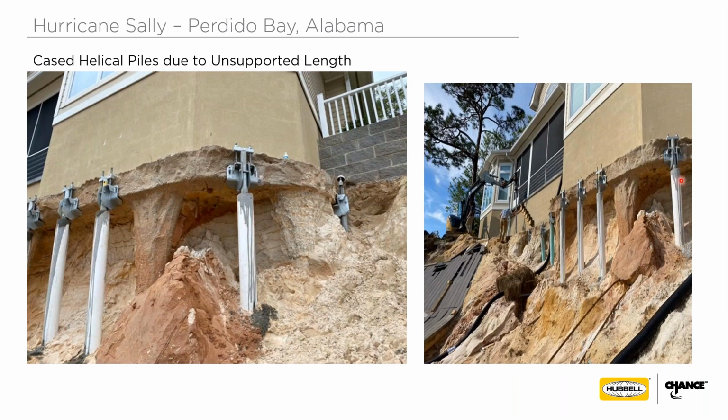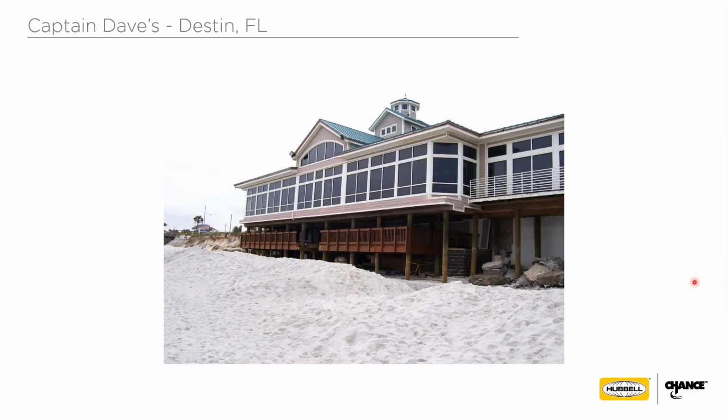And you can see the unsupported lengths underneath these foundation repair brackets, in order to make sure that they had enough pile stiffness for this repair. So we've gone through that pretty quick, but that's one example of the use of these helical piles. And so now at this point, Carrie, we'll come back and give you some more examples from past storms.